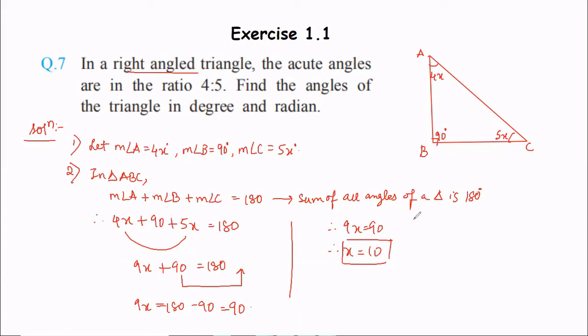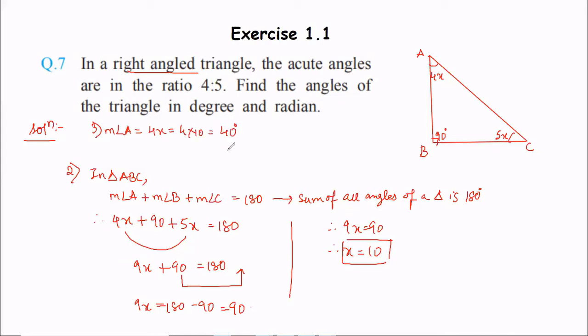So can we find measure angle A? This is the third step you can consider, finding measure angle A. I hope you have copied till here. I'll erase this and we can start with the third step from above. The third step: measure angle A is equal to 4x, so that is 4 into 10, which is equal to 40 degrees.